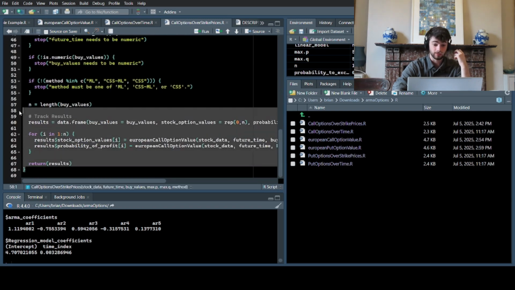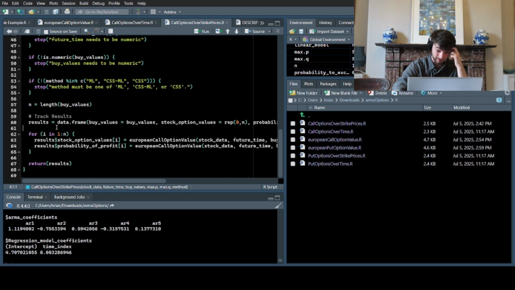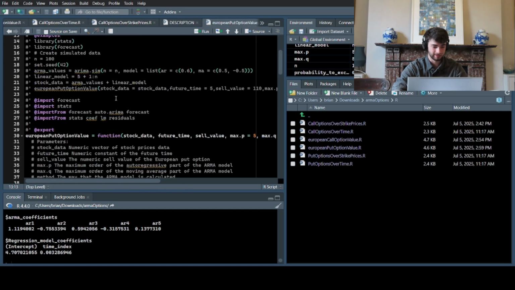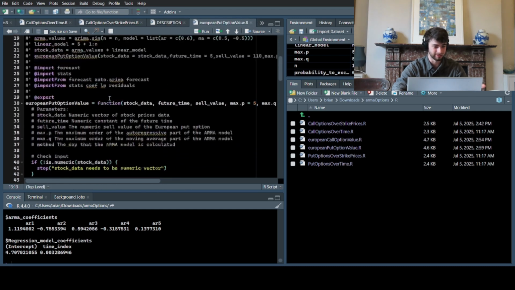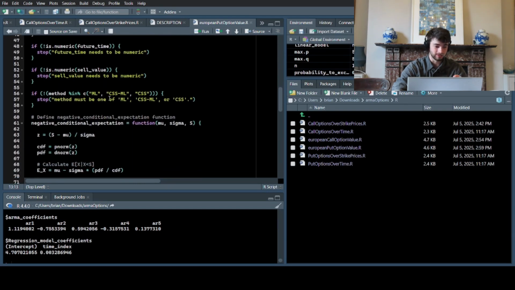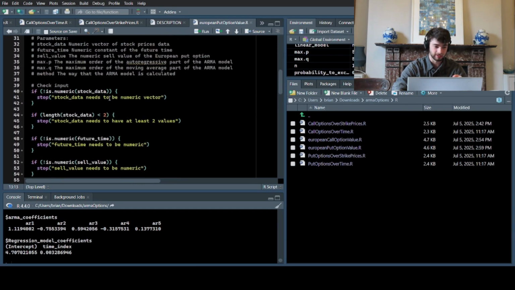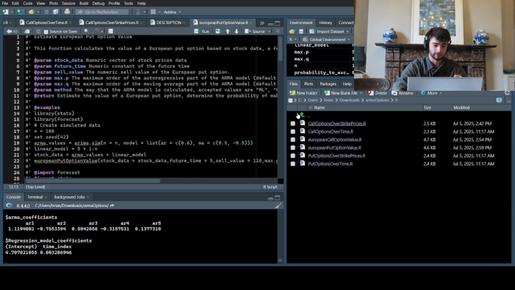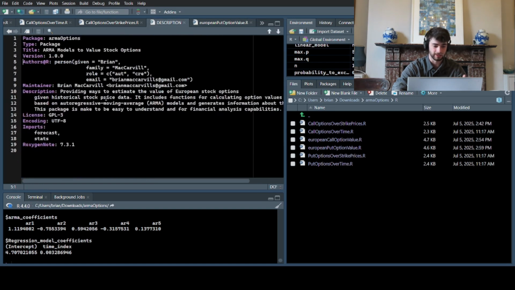And then once I've written my package, you have to think, okay, how will this be useful to other people? And so the first thing to do is simply write clean code, which is easier said than done. And the second thing is to write a description. Okay, what does this package do? It provides a way to estimate the value of European stock options.